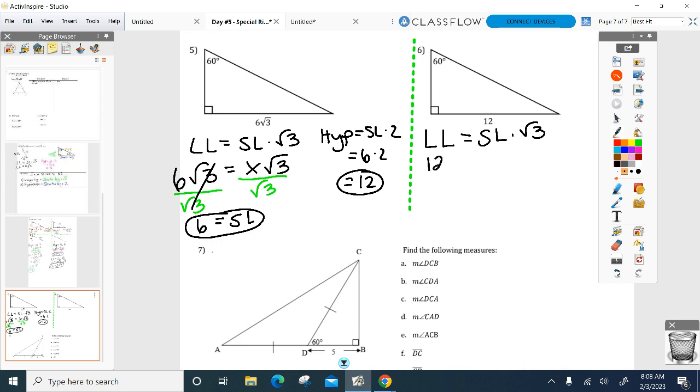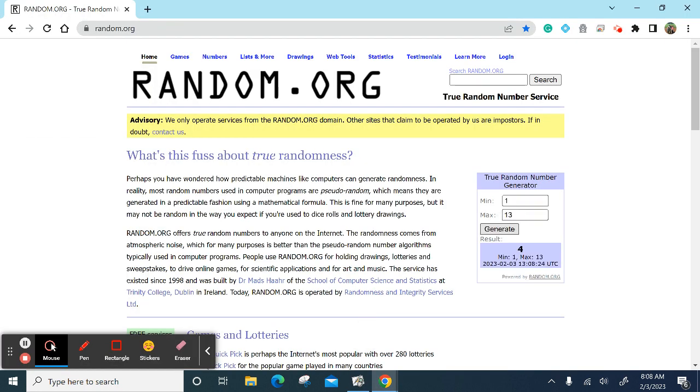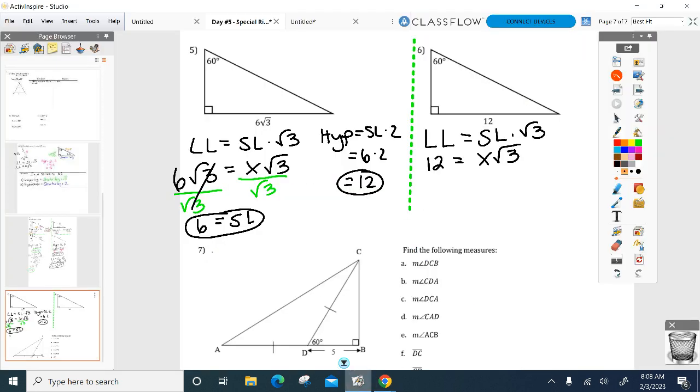So 12 equals x radical 3. How do I get the radical 3 out of there? Divide by radical 3. X equals 12 over radical 3.